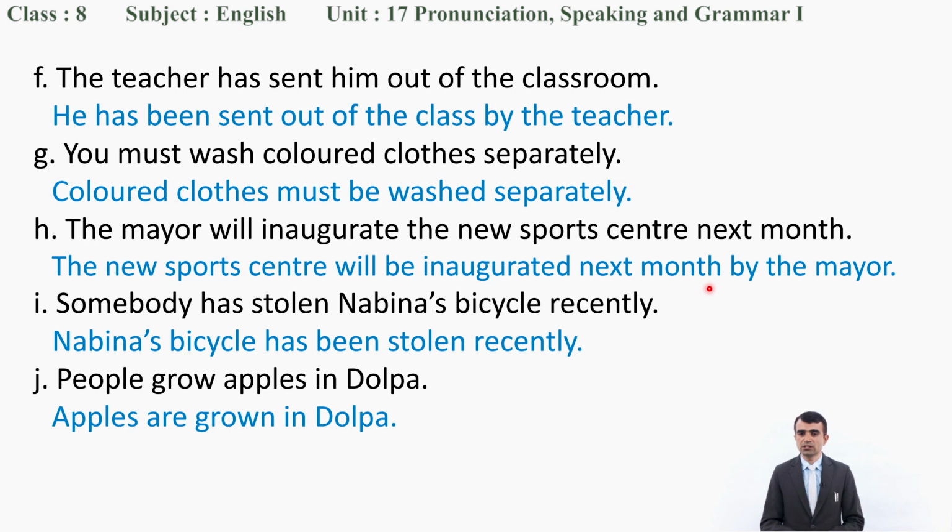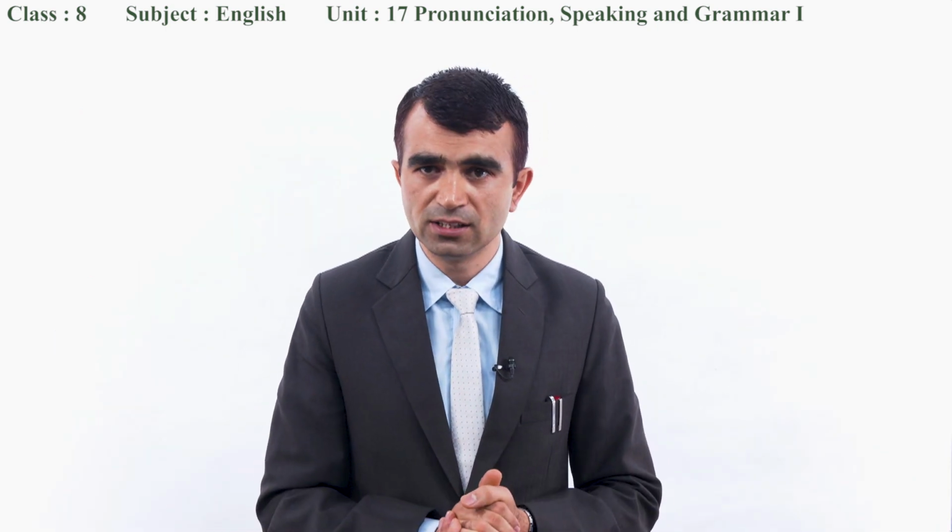So this way you can do. And if any answer is wrong, or you could not do any answer correctly, try it again and then match your answer with these ones. Then you can compare and correct your answer.